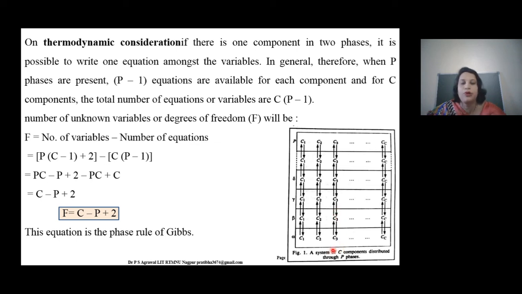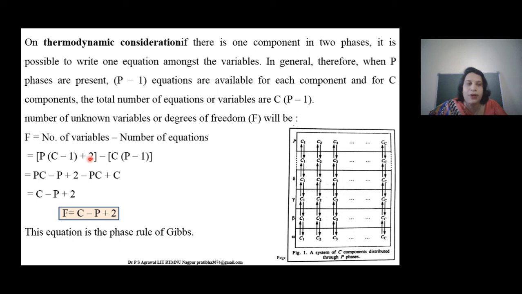Now, suppose equilibrium exists between all the P phases as well as all the chemical constituents. The concentration variable depends on the number of phases. In order to define the composition of each phase, we need C minus 1 constituents. There are total P phases, so we need P into C minus 1 to specify the concentration of C minus 1 constituents in all the P phases.